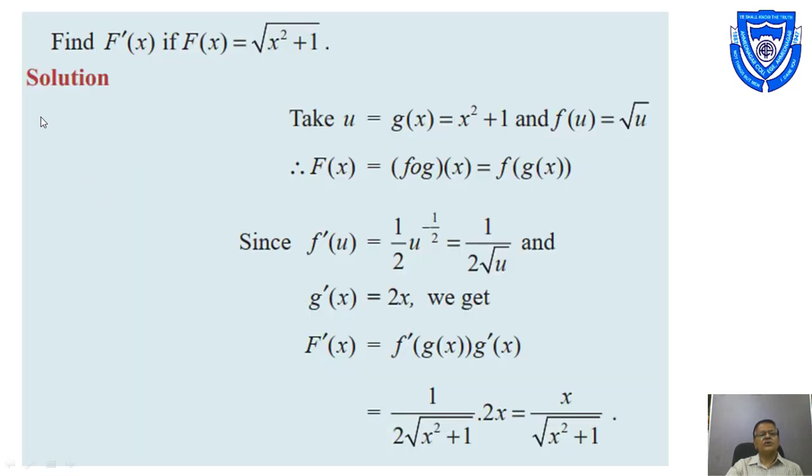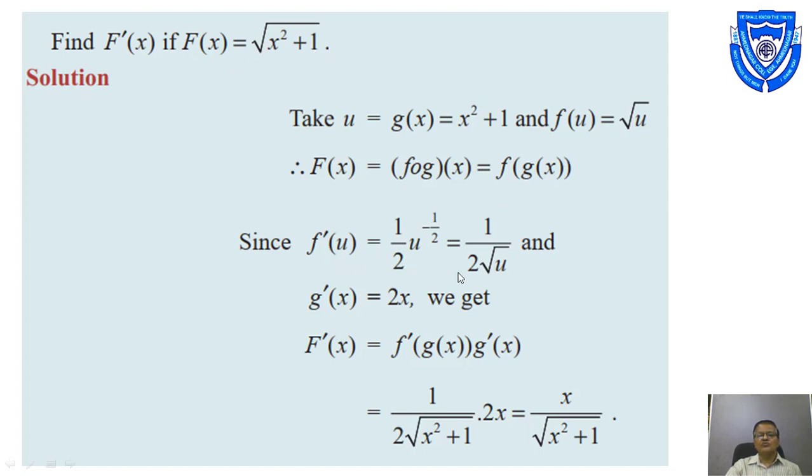In this example, we are asked to find f dash x if f of x is equal to root of (x square plus 1). So this is also simple. Here, in detail, I have written u is x square plus 1. We treat this x square plus 1 as u, so that our function f of x is equal to root u.